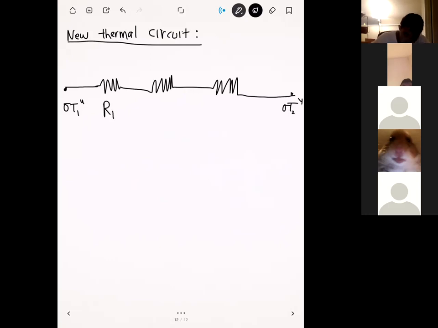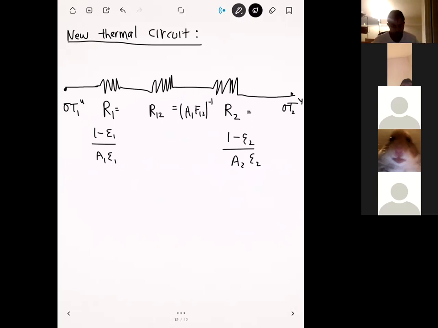This one here is R1, and this one here is R2, where R1, remember, is accounted for by the emissivities. R2 here is 1 minus epsilon 2 divided by A2 epsilon 2. And then this resistor in the middle is just our normal exchange resistance, so R12 here is A1 F12 raised to the minus 1 power.